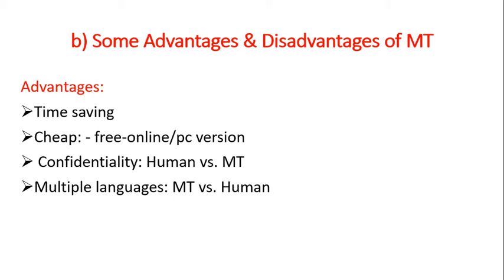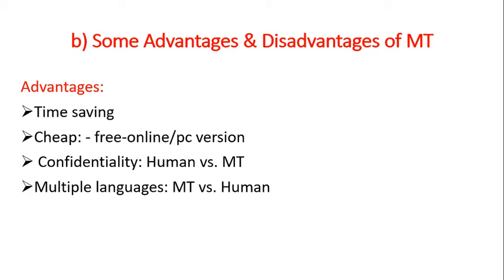If you understand the free online version, the difference between free online and PC version, and how they are cheap or cheaper than human translation, through the written material in your book, fine. But if you don't understand this, you ask me about it.